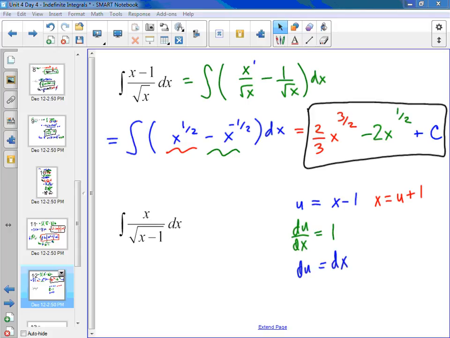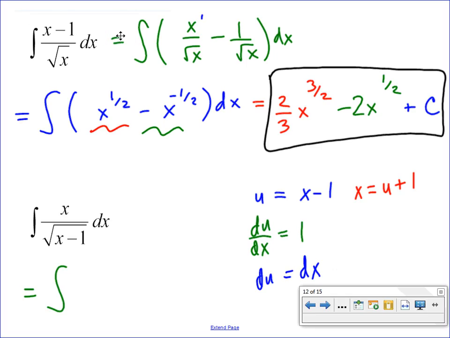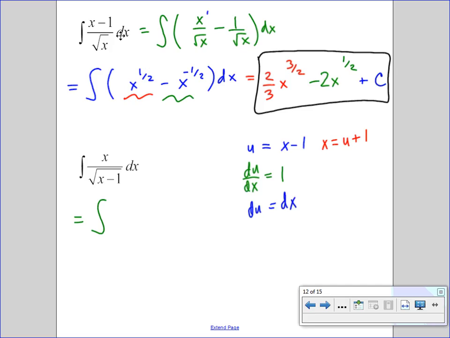By replacing x minus 1 quantity with u, and x with u plus 1, I'm able to rewrite this in such a manner that I do have antiderivative rules. So I get the integral of x, which is u plus 1, over the square root of x minus 1, which is now the square root of u. dx is equivalent to du, and remember you have to have the same type of independent variable as your integrand function in order to have the same variable in your antiderivative.